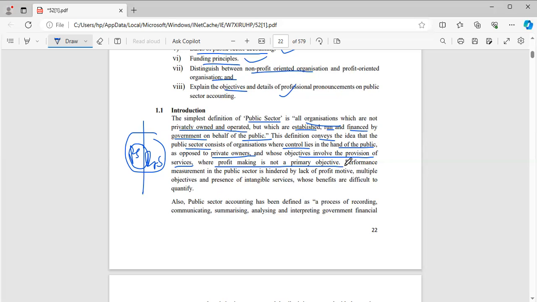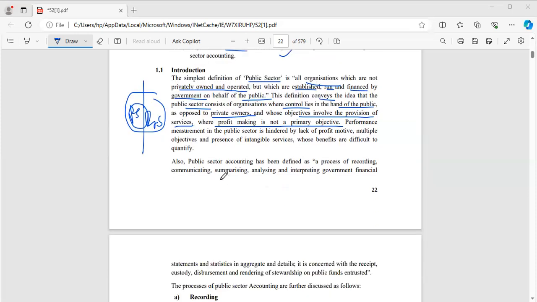They are operated to provide goods and services at a subsidized price. That is what public sector is established for. But private sector is established for the purpose of making profits out of you and me, to make profit from their businesses and transactions.